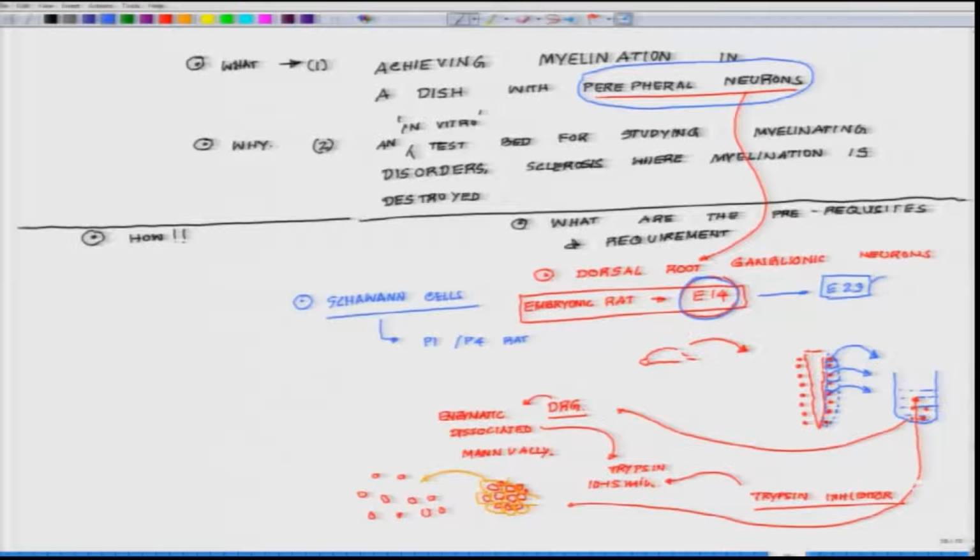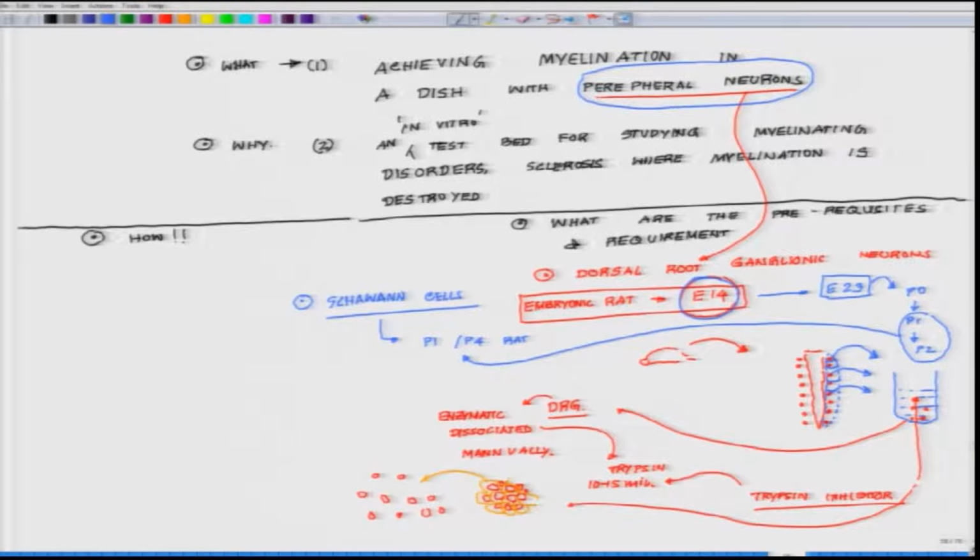As soon as they are born, this is P0, the day we are born, and then it's P1, P2, postnatal. Around P1 to P2 or P4 postnatal, after birth, those teeny tiny rats are the source of Schwann cells. They work the best.